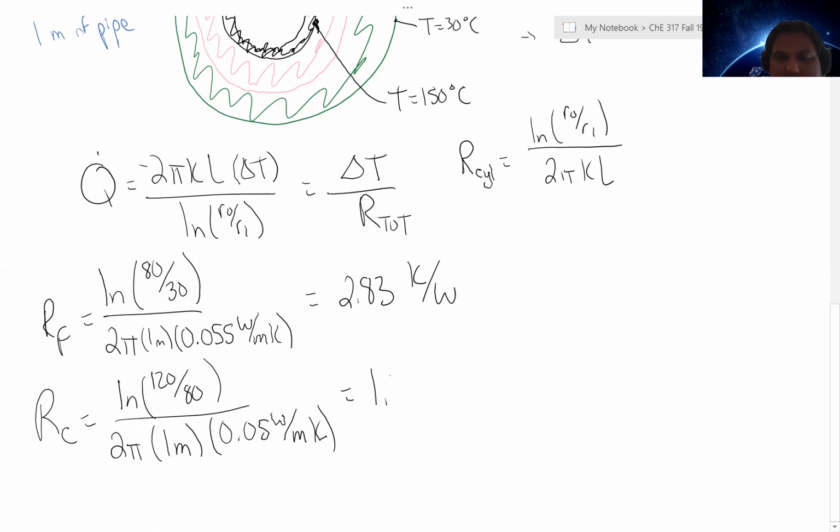And I get 1.29 kelvins per watt, which tells me my R total is approximately 2.83 plus 1.29, or 4.12.